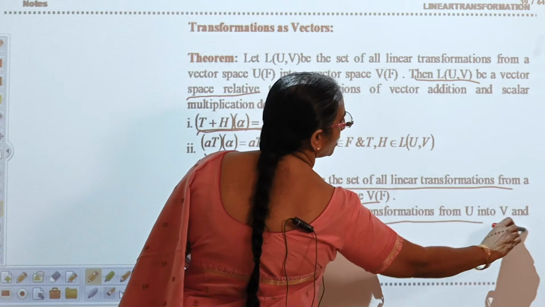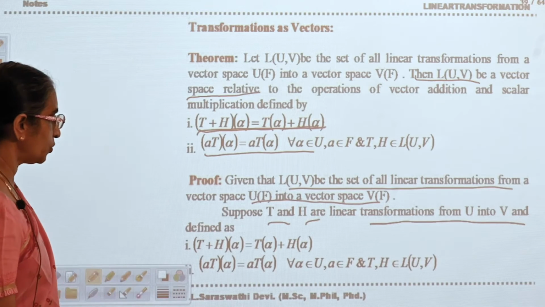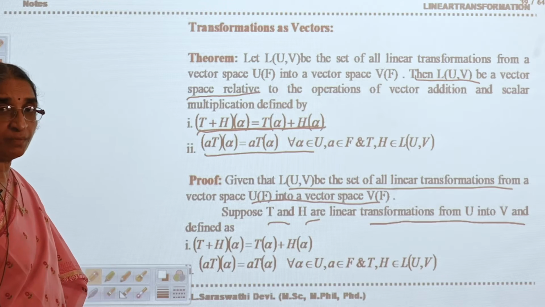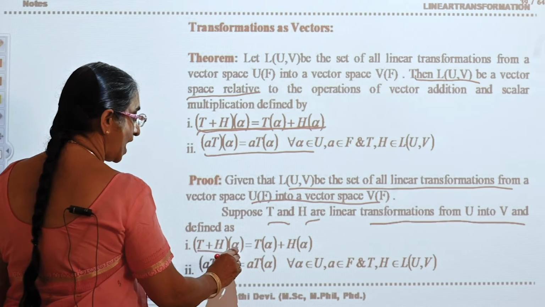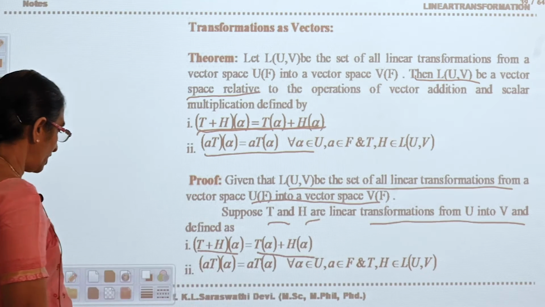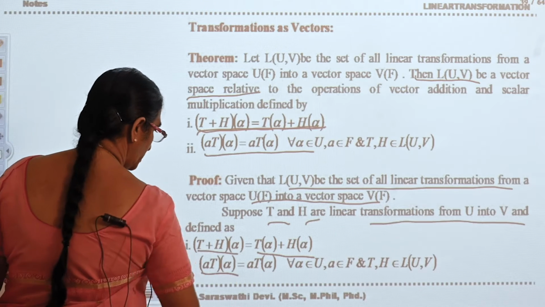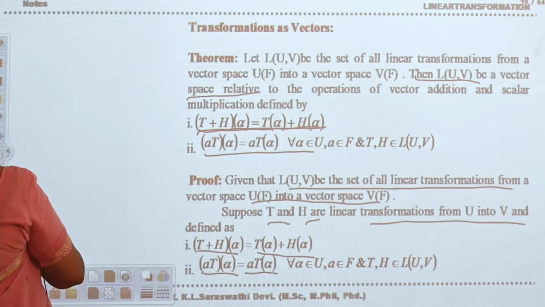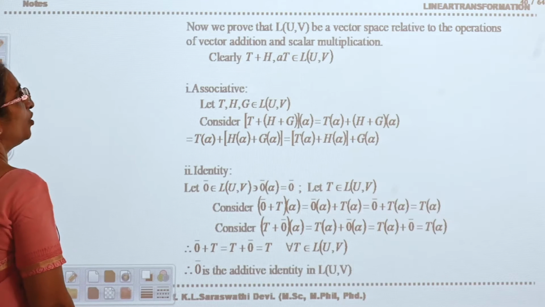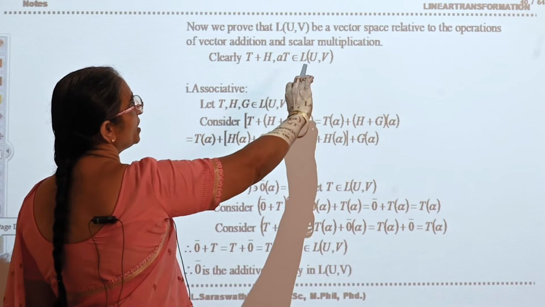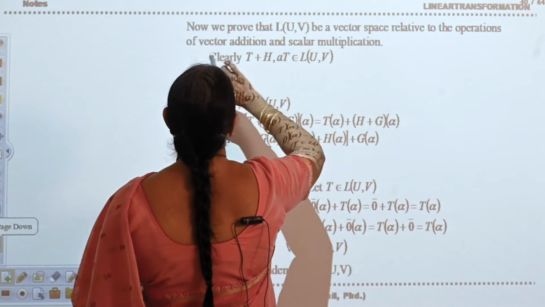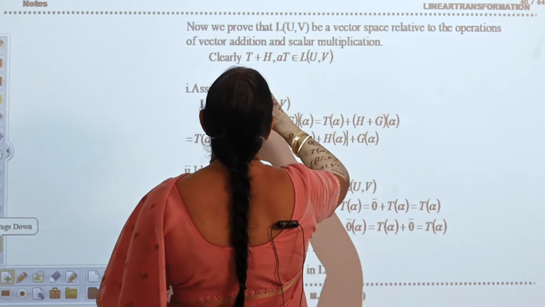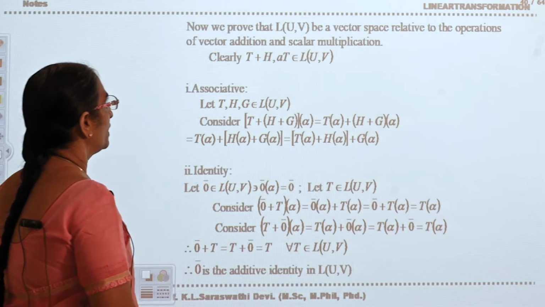T and H are the two linear transformations from U to V. Now, T plus H of alpha is defined as T of alpha plus H of alpha. A T of alpha is defined as A into T of alpha. Okay. Now, prove that L of UV is a vector space relative to the operations of vector addition and scalar multiplication.